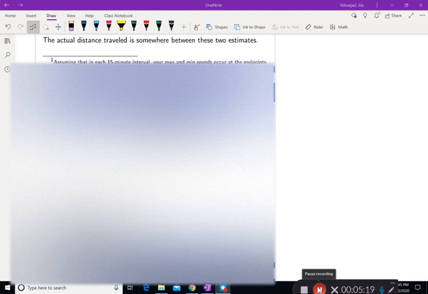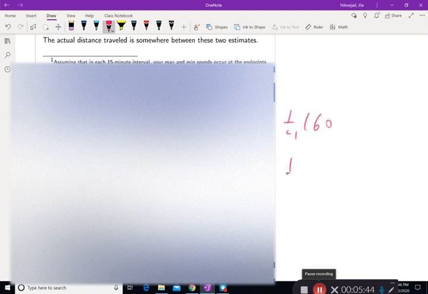So now that we come back, we look at the time intervals. Every time interval is 15 minutes, right? Looking at the values that I have, from time 0 to 15 minutes, the minimum is 60, the maximum is 75.